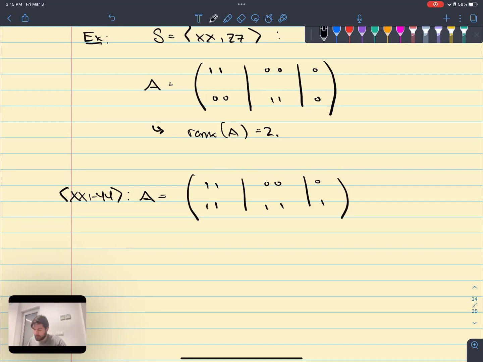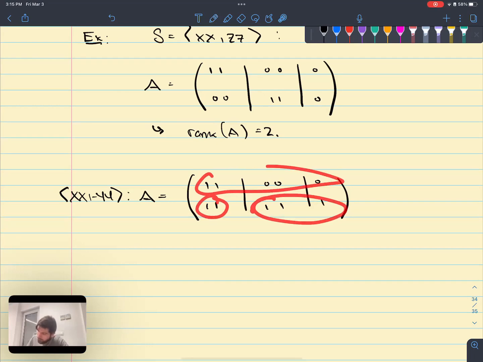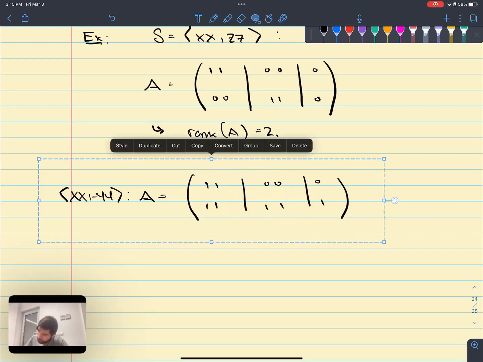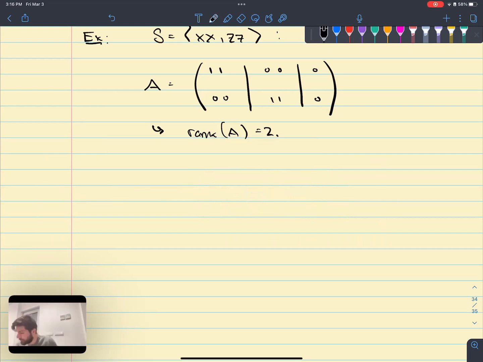And in this case, just by inspection, you can kind of see that even though I can eliminate this 1, 1 here from here, I can't eliminate this part. So this also has rank 2. And they're linearly independent.